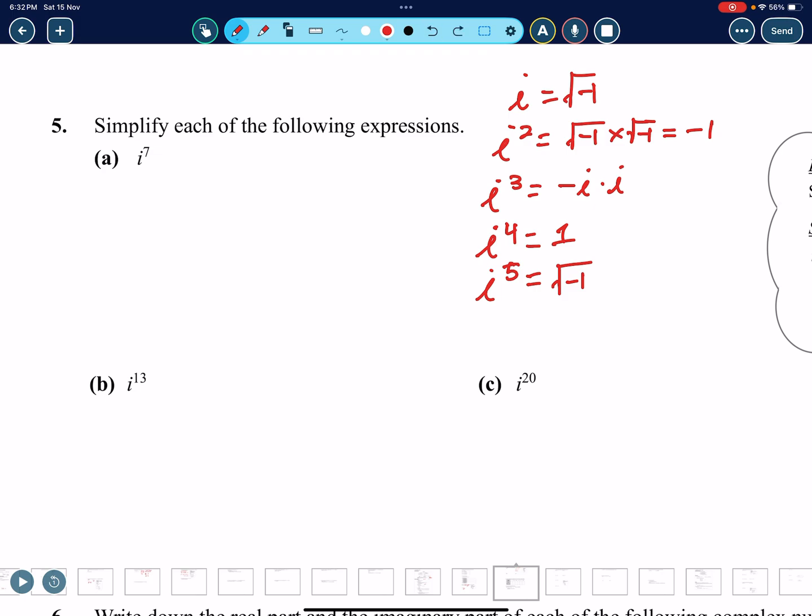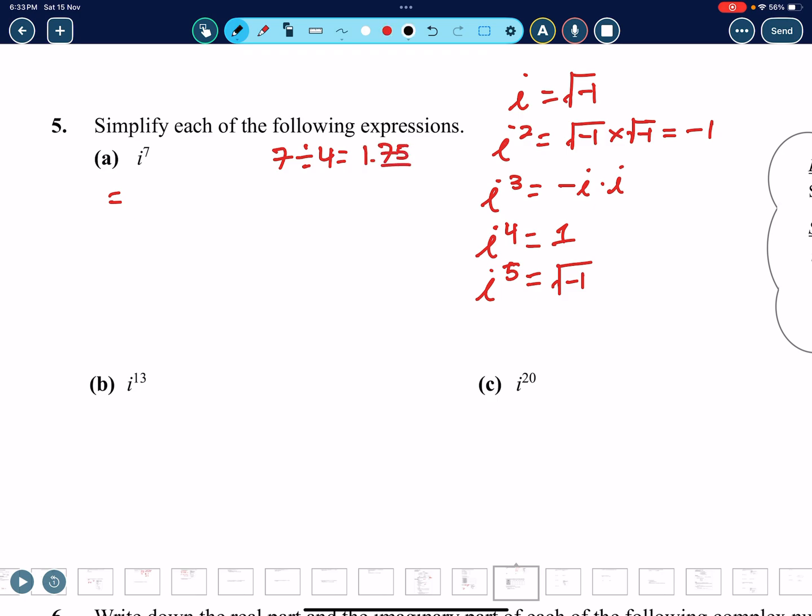So how do we handle this? Instead of multiplying square root of -1 one by one, you're not gonna do that for 20 times, right? We can think of a smart way. If you divide 7 by 4, you would end up with a decimal. 7 divided by 4 is 1.75.